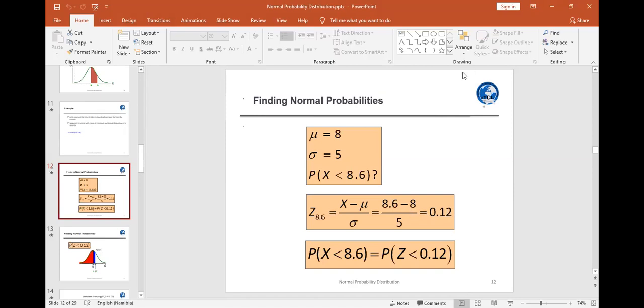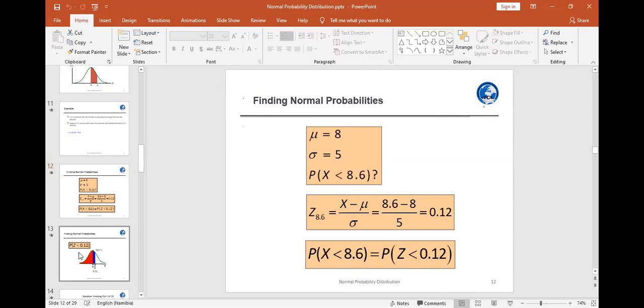What we have done here is transform this 8.6 into a Z score, which is 0.12. What this formula does is just transform those numbers. So we are saying this 8.6 is the same as 0.12. We can't read this one from the normal distribution table, but we can read the other one. That's why we need to do the transformation.